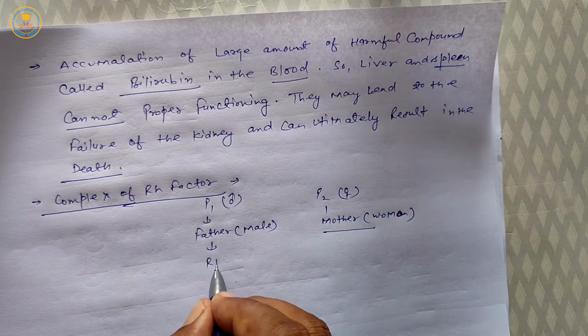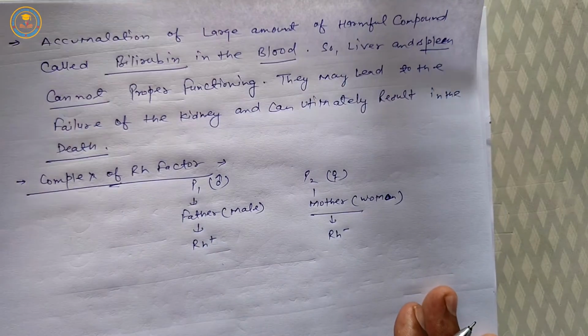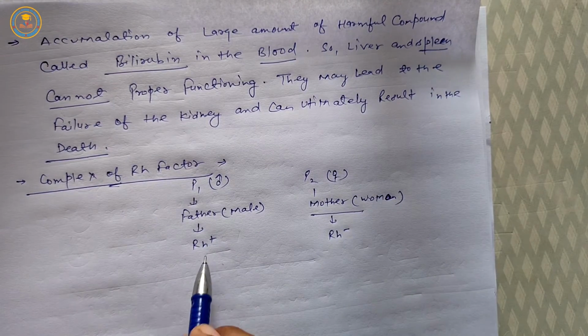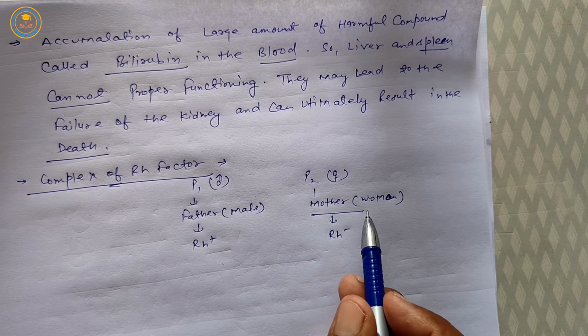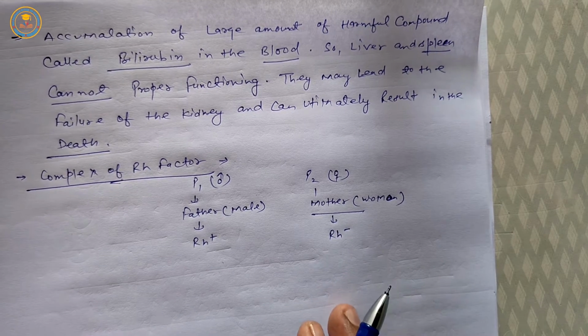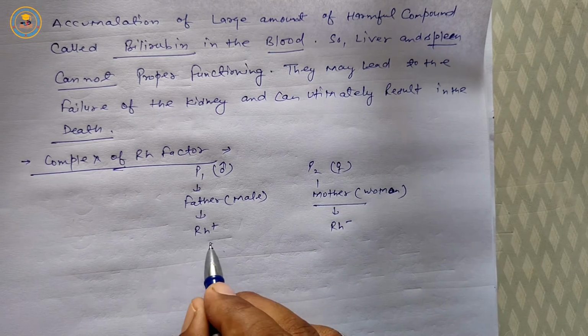If father is RH positive and mother is RH negative, that is, an RH positive male marries an RH negative woman, the first progeny becomes normal, but the second progeny dies before parturition or after parturition.